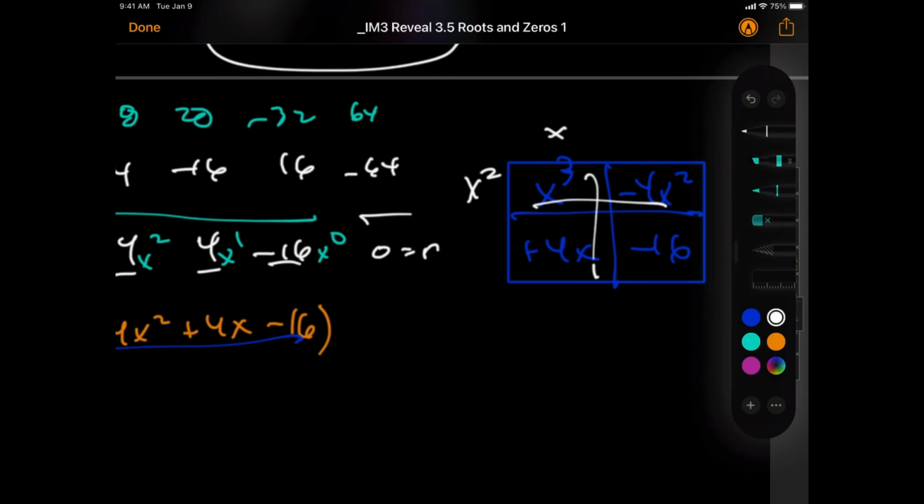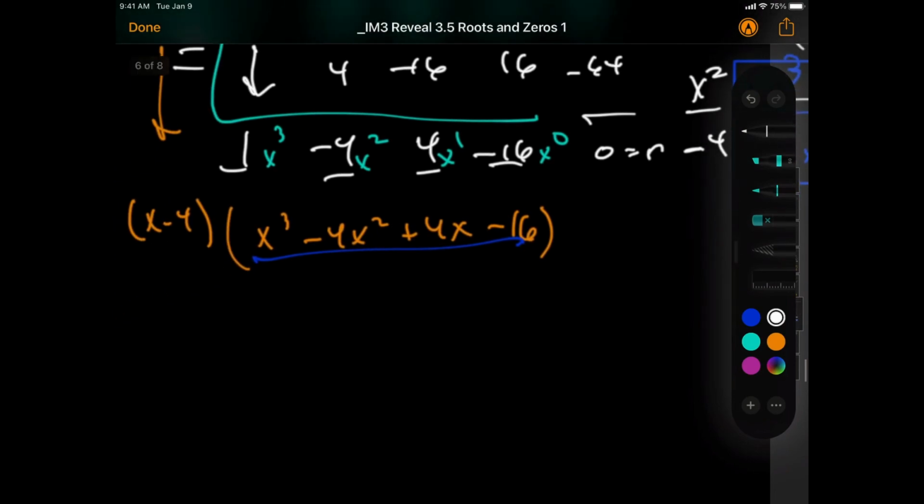This one's an x. Okay, that's an easy one. I think this one's going to be a minus 4. Because negative 4 times x squared is negative 4x squared. And that means this one will have to be a minus 4. So we have x squared minus 4, x minus 4.